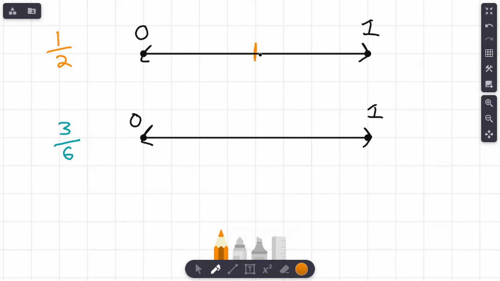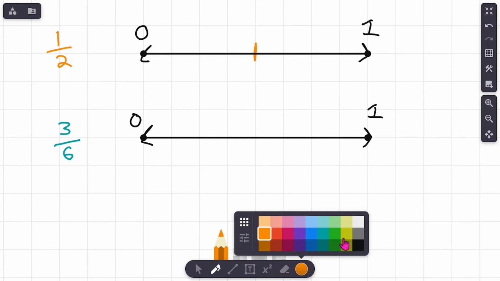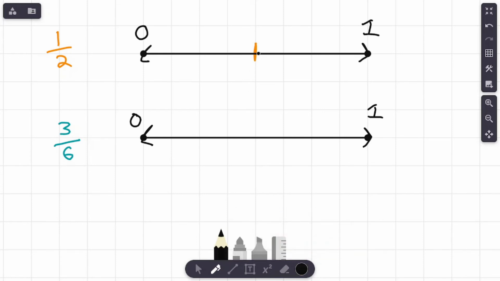Here is 1, 2. Where am I going to put my point? And I'm going to make my points black this time so they stand out a little bit more. At 1/2. So here we go. We start at 0. We need to go over 1 equal section. Boom. There's 1. This is where 1/2 is going to be located.